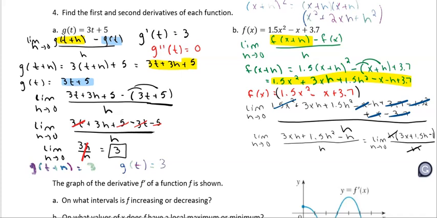And now we're going to take our 0 and substitute it in where we had our h before. So that will leave us with no limit anymore. You don't write the limit because we are substituting in. So 3x plus 1.5 times 0 minus 1. So that means that our first derivative is going to be 3x minus 1.